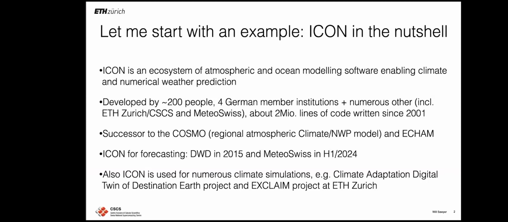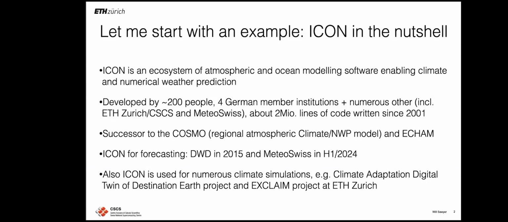The current ICON consortium consists of 4 German member institutions, and of course there are many other contributors, in particular ETH Zurich, CSCS, and MeteoSwiss. And we even are in discussions right now to become a 5th member of the consortium.